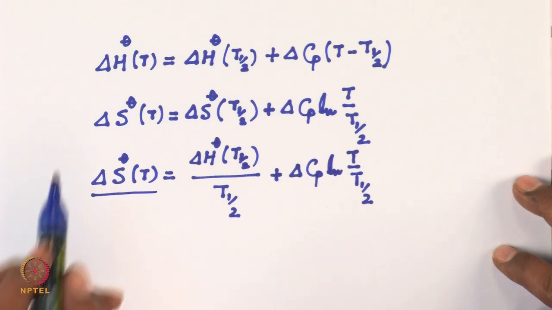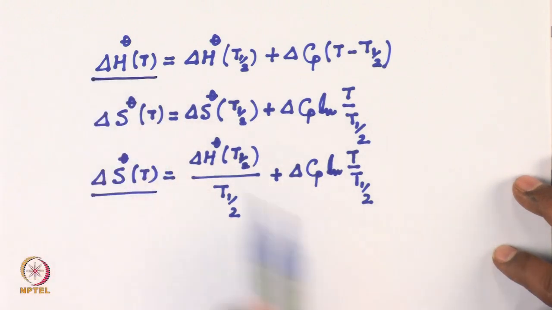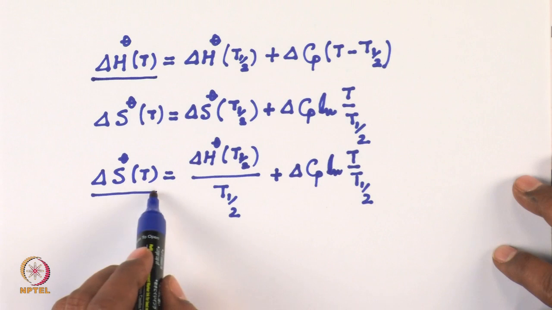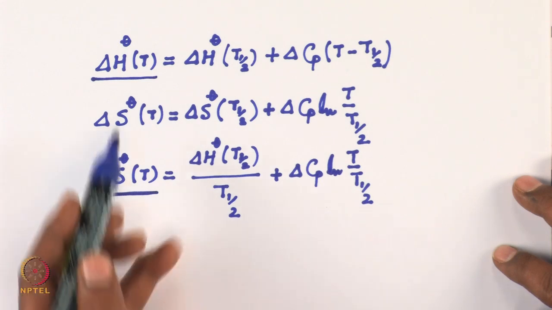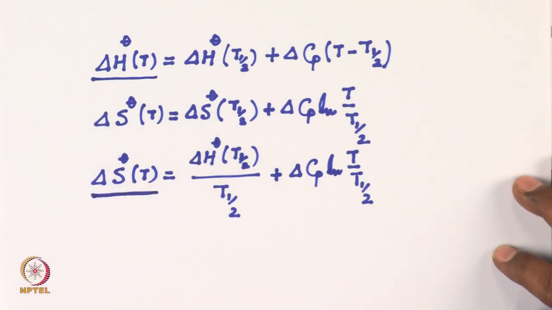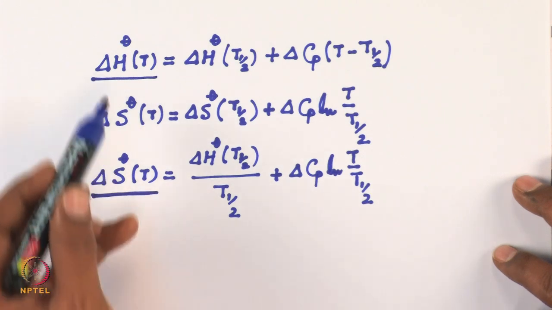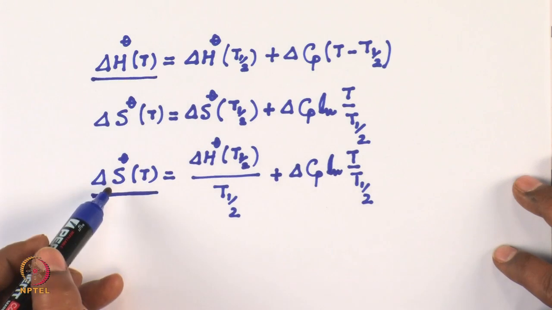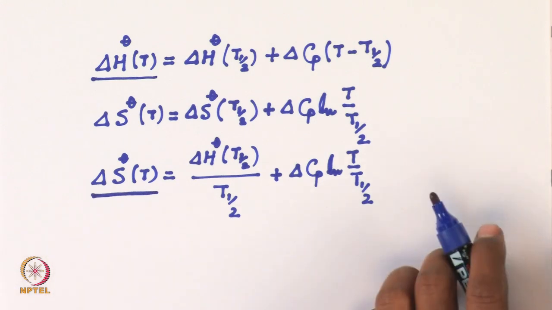Now, you see, I have the variation of enthalpy with temperature, I have an expression for the variation of entropy with temperature, and now I can calculate delta G naught, because delta G naught will be equal to delta H naught minus T delta S naught. So, I will substitute these two equations and get the value of delta G naught. Let us now do it on the next sheet.